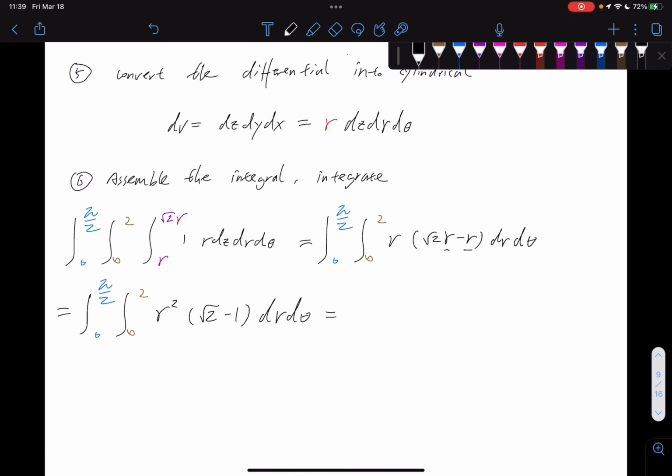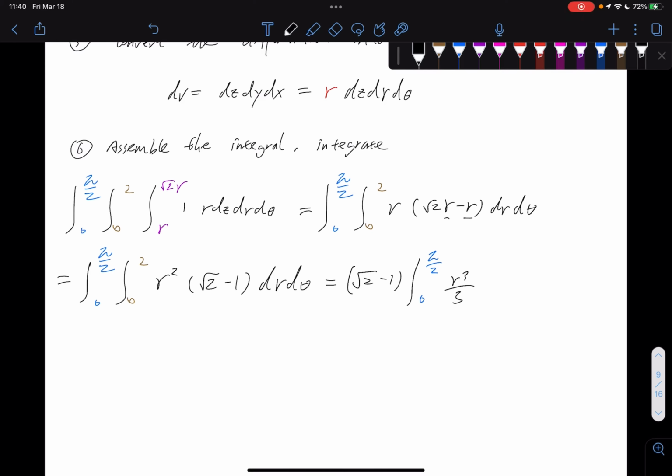And this will give us root 2 minus 1, 0 to 2 pi, 0 to pi over 2, r cubed over 3, and then from 0 to 2.